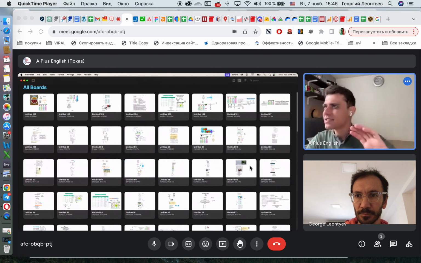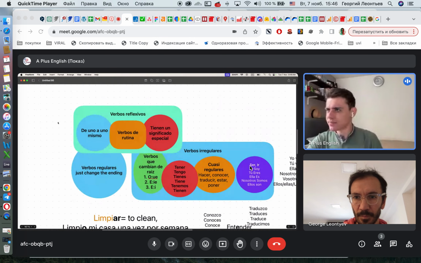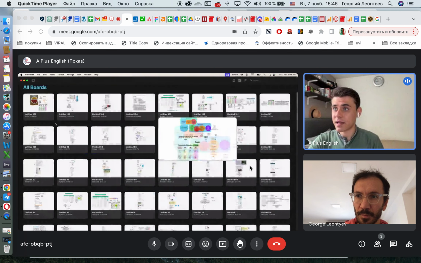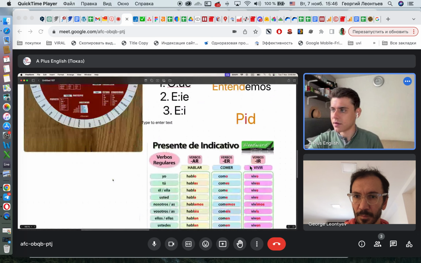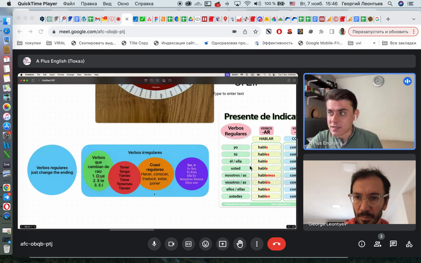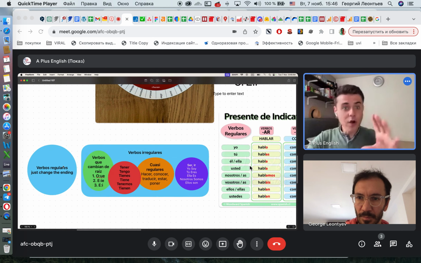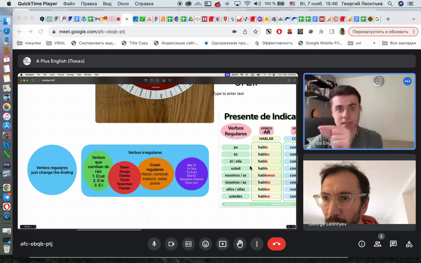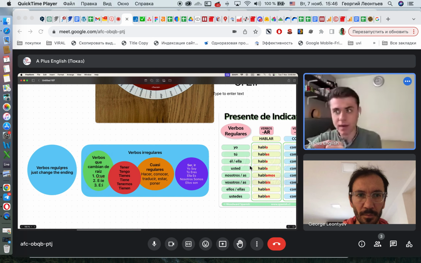I usually use this little table that I created to teach that to my students, right? So I'm gonna copy this over here, and I'm gonna put it in our whiteboard for today, right? I tell them that, look, there are regular verbs where all you do is change the ending. Hablar, comer, vivir. All you do is vive, es, vive, o, vive, right?